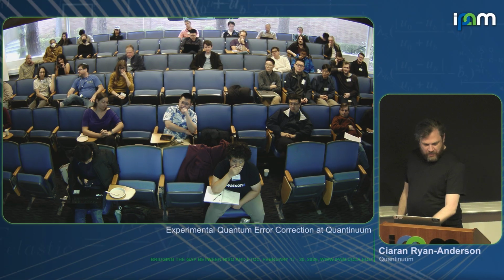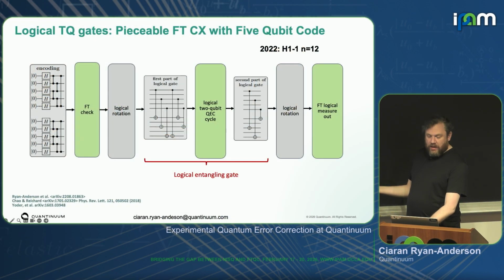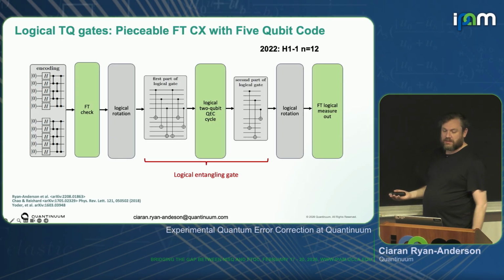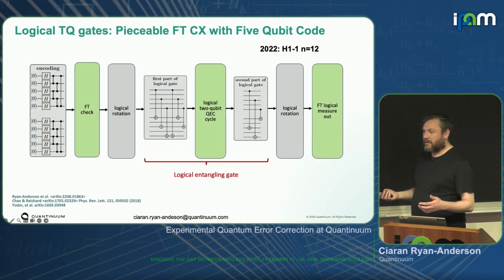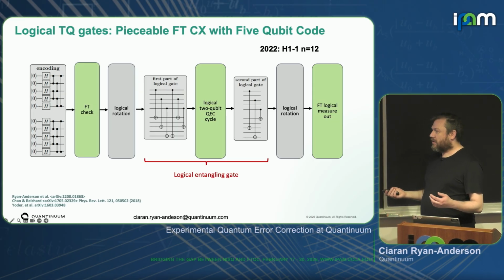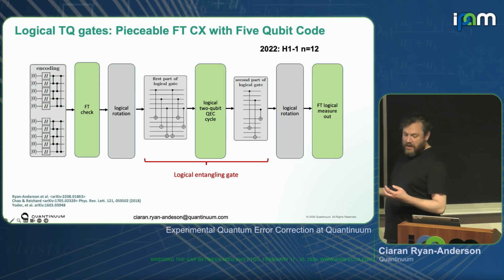All right. Then the next year, we got upgraded to 12 qubits, which allowed us to do a 2-qubit gate. And constrained to that, we could do pieceable fault tolerance, which is a cool thing that I think Yoder and others figured out.